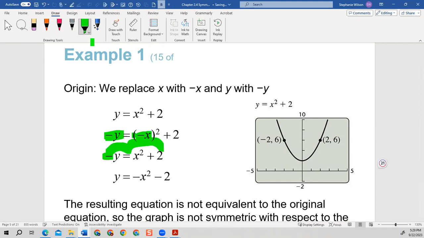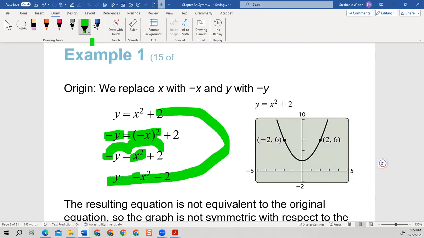However, before I distributed it, I thought, oh, this negative X needs to be squared, and that became a positive. Then you distribute it, it gives me a negative. This original is not equal to this, so it is not with respect to the origin.